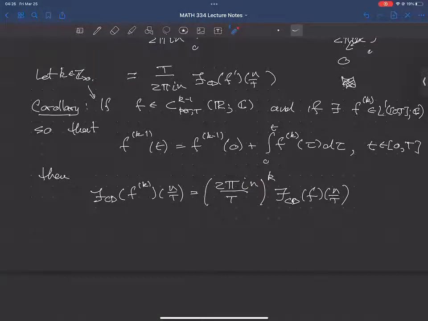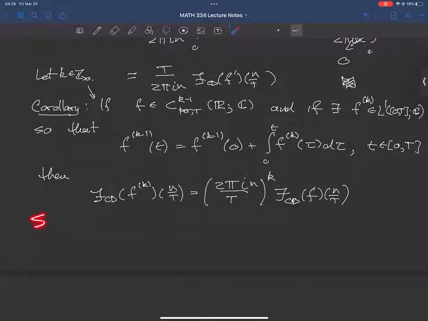And so we see here that we get very nice statements about the rate of decay of signals given the regularity of the signals.